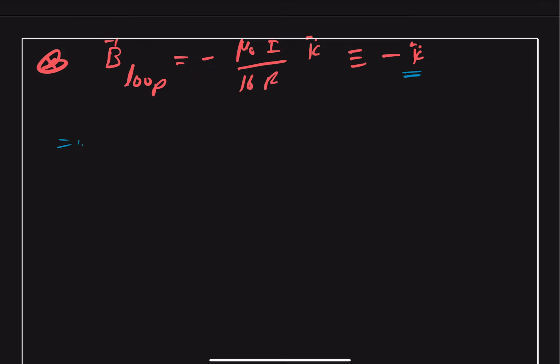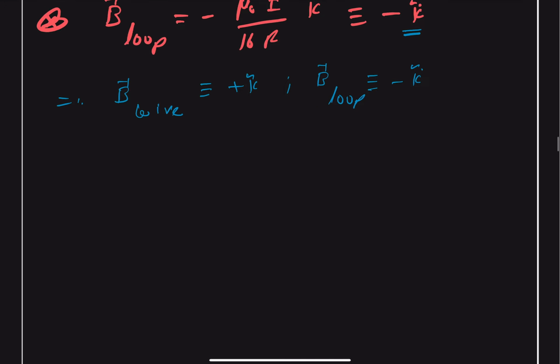So we can say that magnetic field due to wire is along k unit vector, and magnetic field due to loop is along minus k. So therefore we can write that magnetic field at origin can be 0.